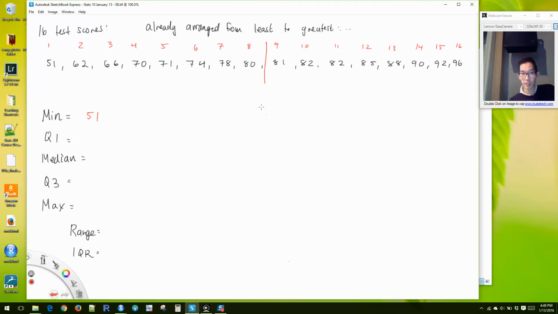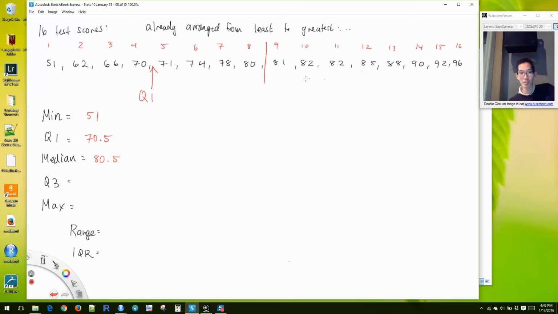Our median is going to be halfway between 8 and 9, so our median will be 80.5. Now that I have 8 values that are smaller than the median, I'm going to find the spot there, and this is going to be Q1, 70.5. Everyone's good so far? Good, okay.